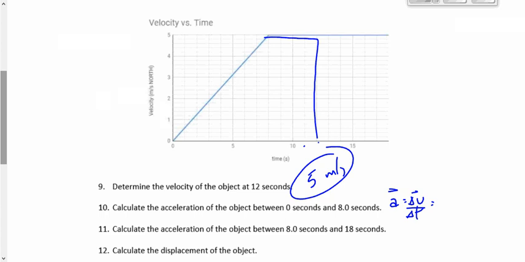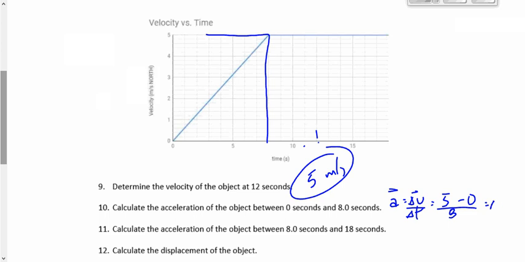The change in velocity between 0 and 8 seconds. This is 8 seconds right here. Change in velocity is 5 minus 0, and the time, of course, is 8. 5 divided by 8. I want to say that's 0.625. Is that right? 0.625 meters per second squared.